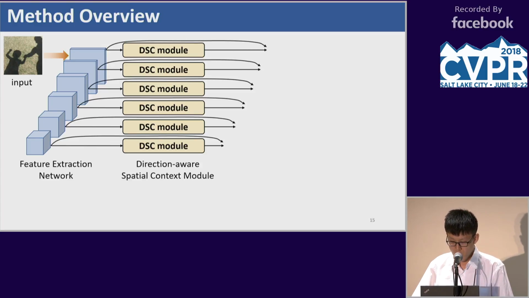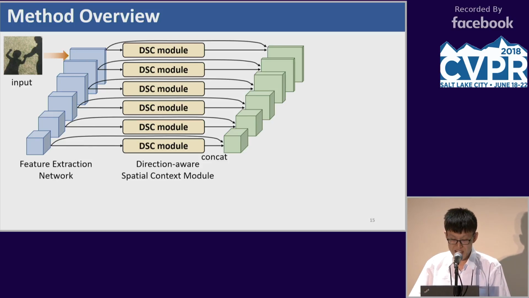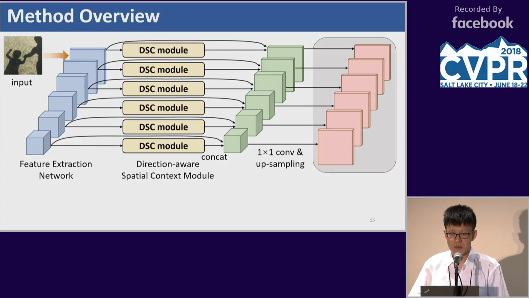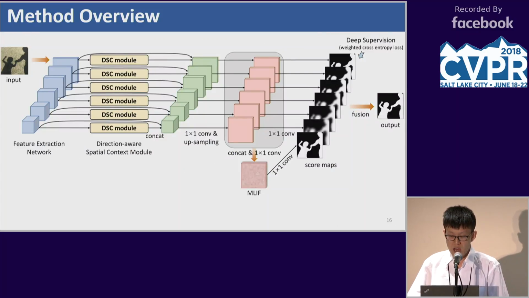Then, we combine the convolutional features with the DSC features together and upsample them to the size of the input image. The upsampled feature maps are combined into the multi-level integrated features. And we predict a score map at each layer by a deep supervision mechanism. Finally, we fuse all the score maps to produce the shadow detection result of the network.